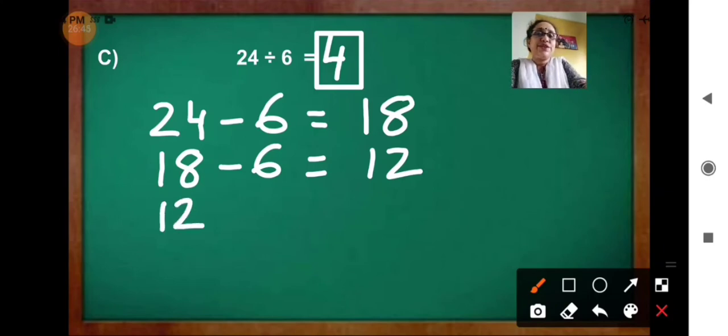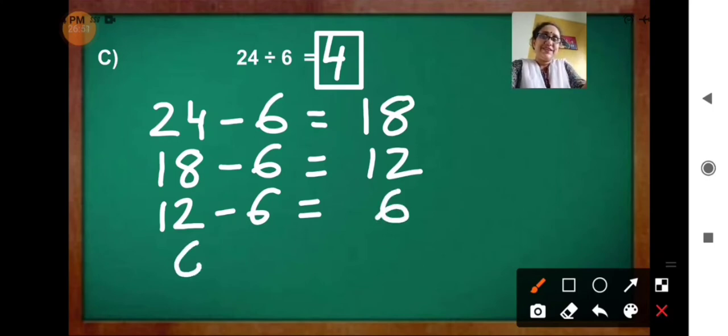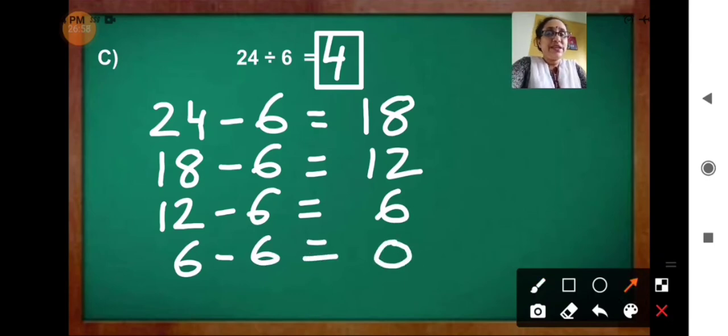Now 12 minus 6. 6. Then 6 minus 6 equal to 0. Now just see, 4 times you are getting 6 or not? Yes, 1, 2, 3, 4. We are getting 6 4 times. Okay?